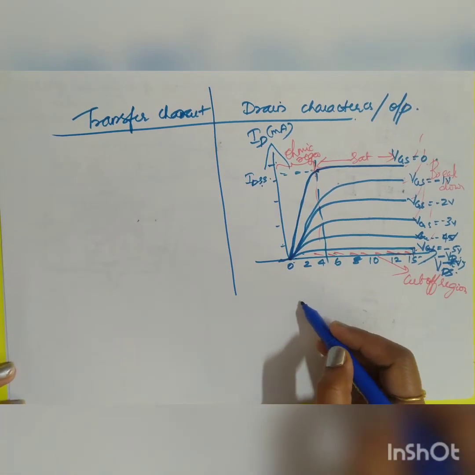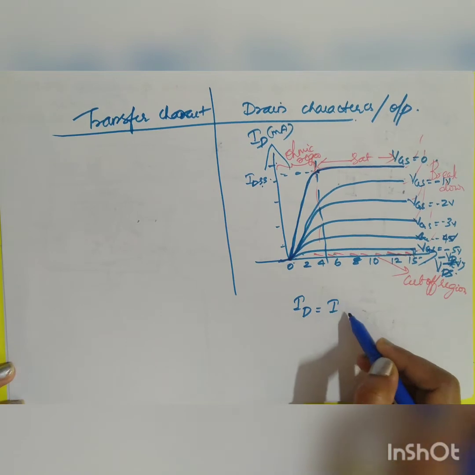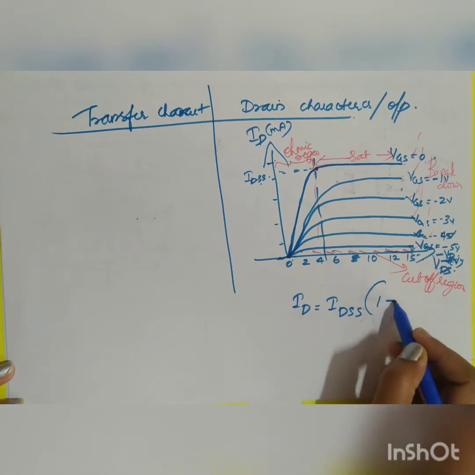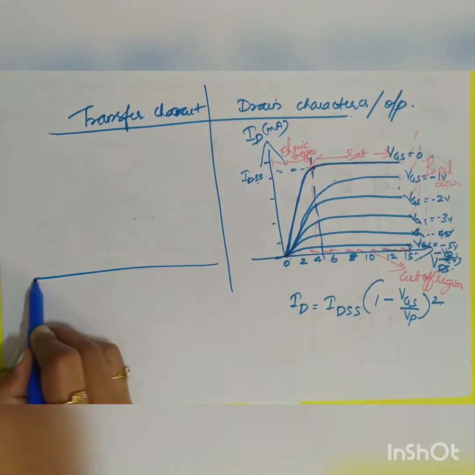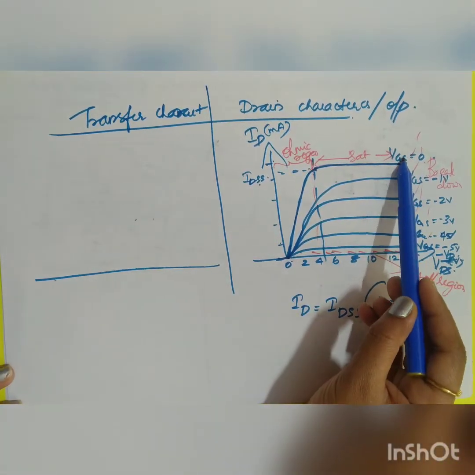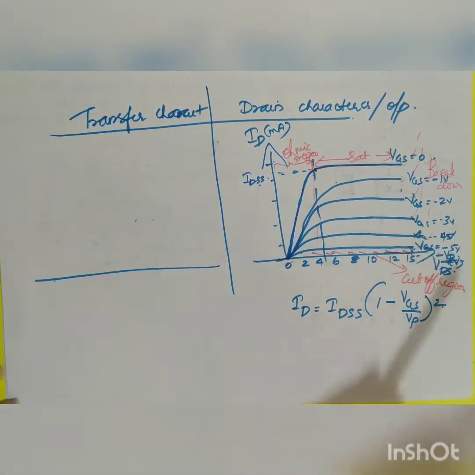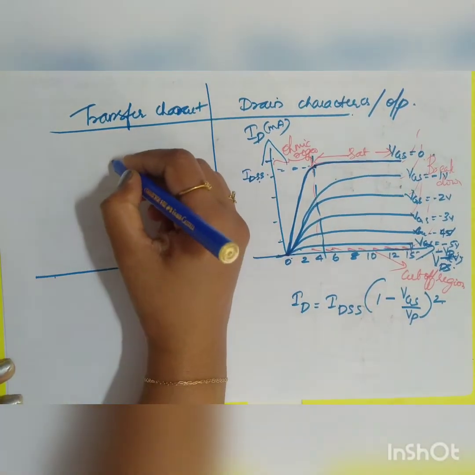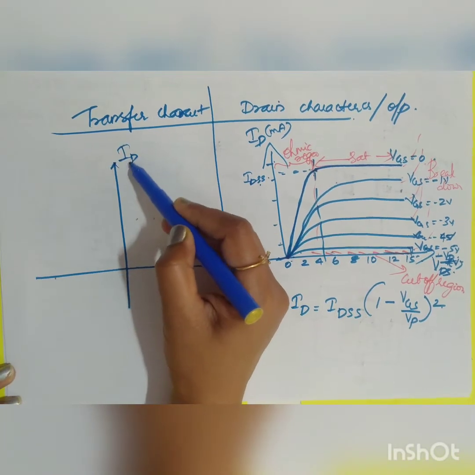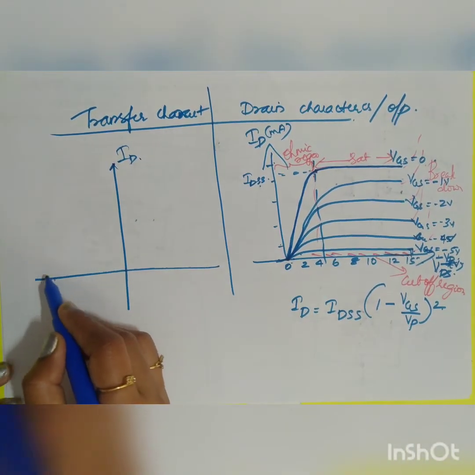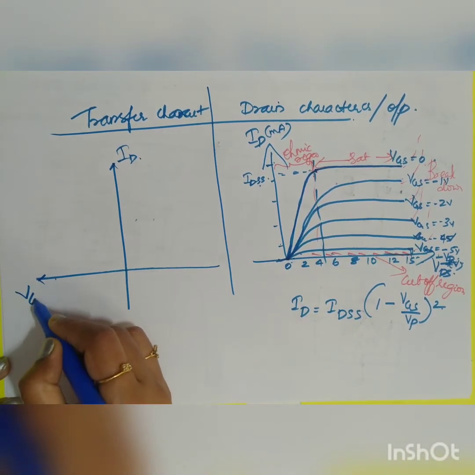You know that the current equation is given by Shockley's equation: ID is equal to IDSS into 1 minus VGS divided by VP, the whole square, okay? It works in two conditions, VGS is equal to 0 and VGS is negative. Now what are the transfer characteristics? It is a graph plotted between your current and your input voltage. The input voltage in this case is VGS.